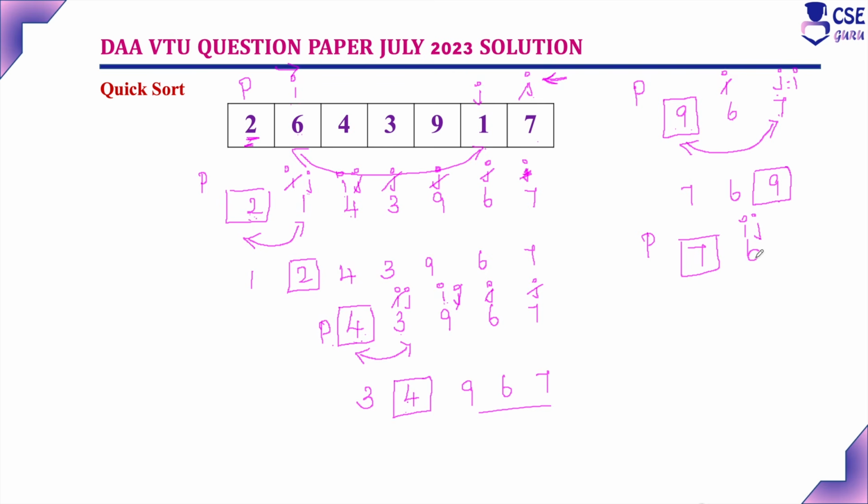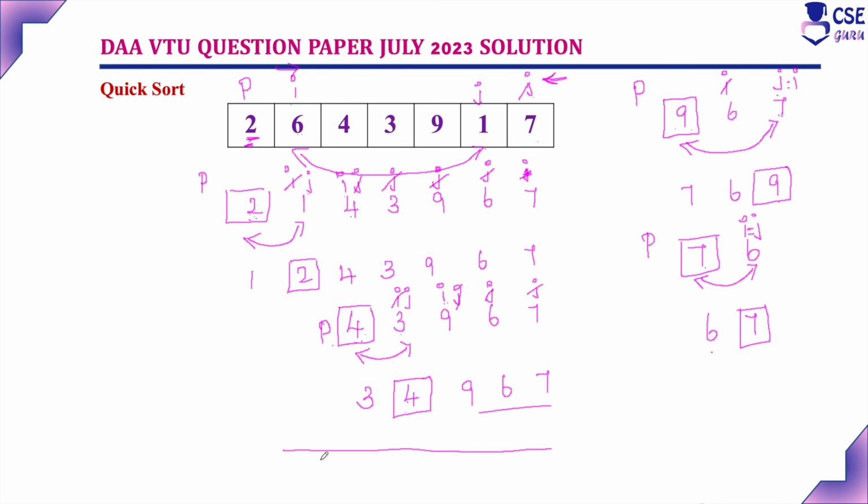Again J, if you consider, is smaller than the pivot element. So here I and J are pointing to the same position, and you need to exchange the pivot element with the A of J position element. If you exchange, you will get 6 and 7 here; 7 occupied its position. Now the left part of the array is 6, already sorted. So now all the elements in the given array are sorted.